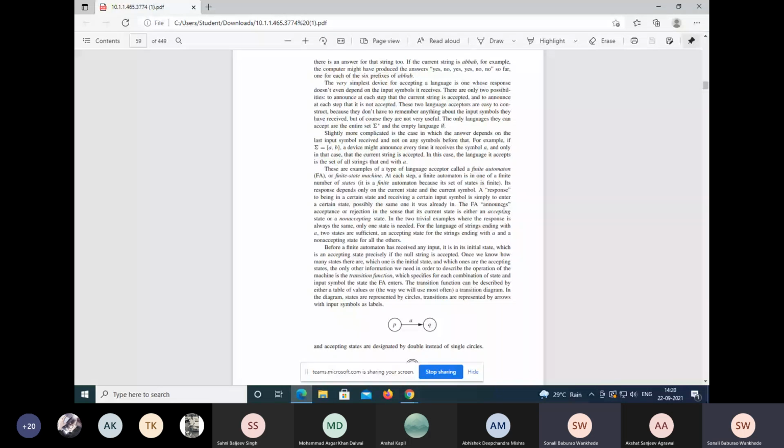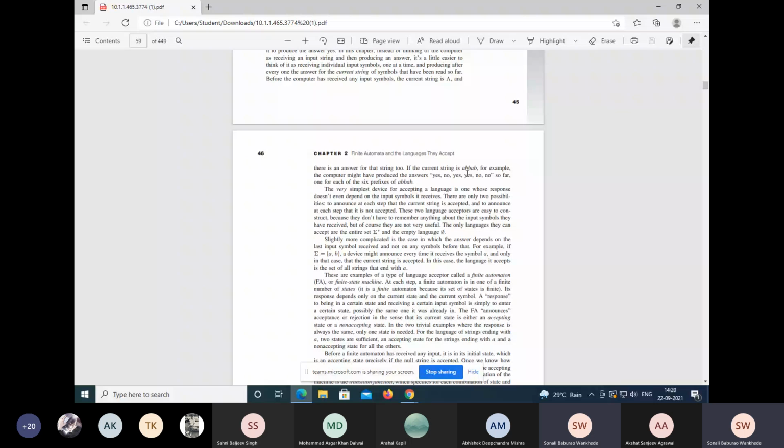Over here we had taken these five prefixes: A, B, B, A, B. I have assigned that particular language acceptor in such a way that it should be either in the accepting state or non-accepting state. So in the prefixes, your first prefix is A, so that is in the accepting state.